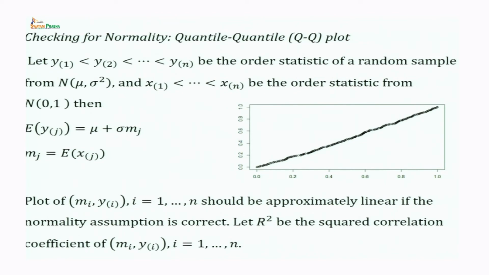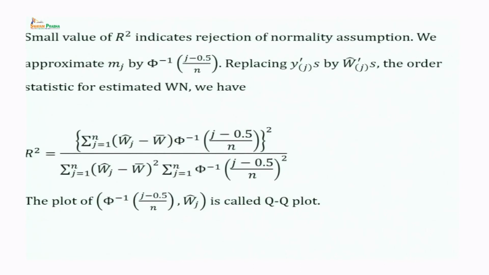You can also calculate R square, squared correlation coefficient between m i and y i. A small value of R square indicates rejection of normality assumption, and if it is close to 1, then you can say that your series follows normal distribution.